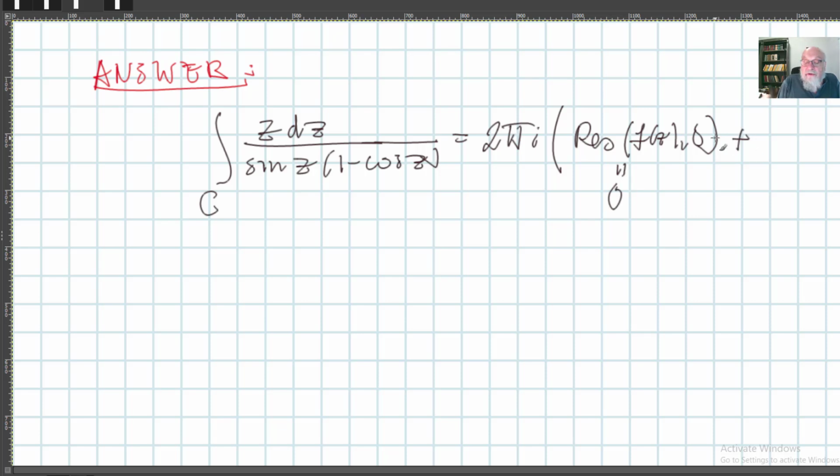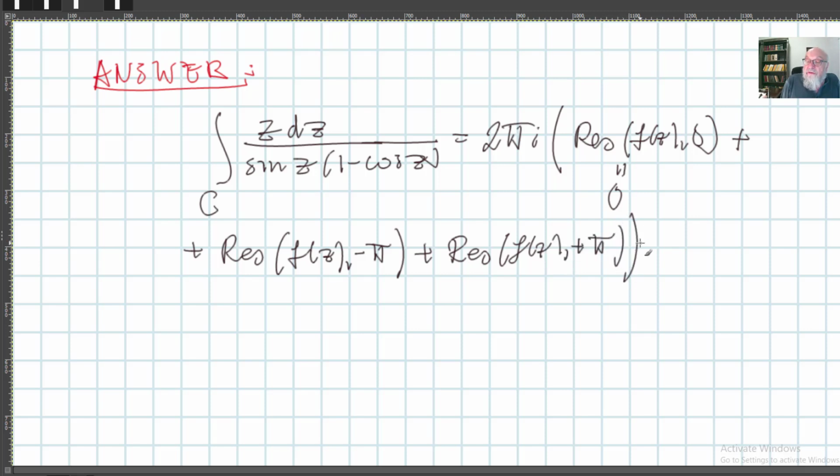This is 0, plus the residue of f of z at the point minus pi, plus the residue of f of z at the point plus pi. So what did we get here? This was equal to minus pi over 2, and this was equal to pi over 2.